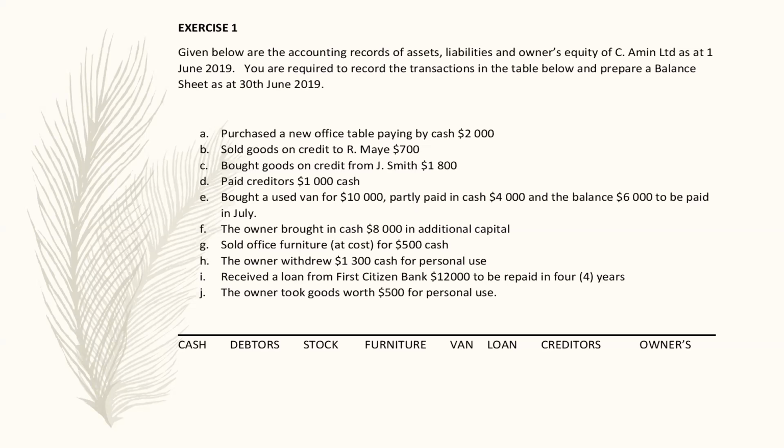So just get a blank page and head up just what you see here on the screen: cash, debtors, stock, furniture, van, loan, creditors, owners. Put all of those at the top of your page, make sure they all fit. I'm giving you time to do that.